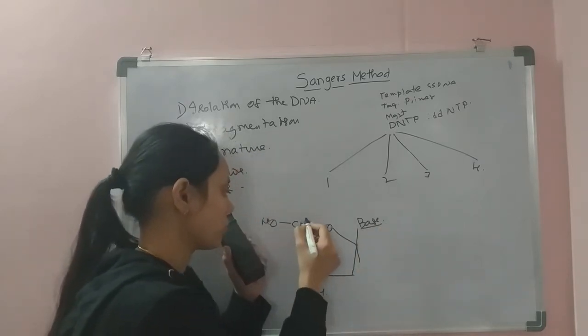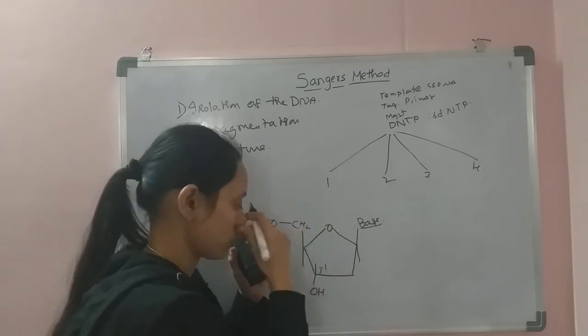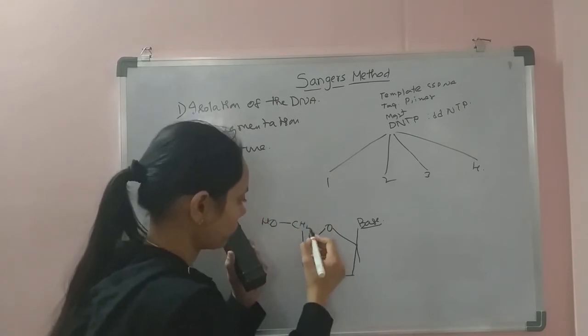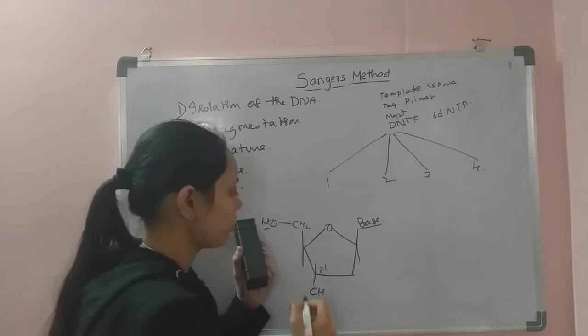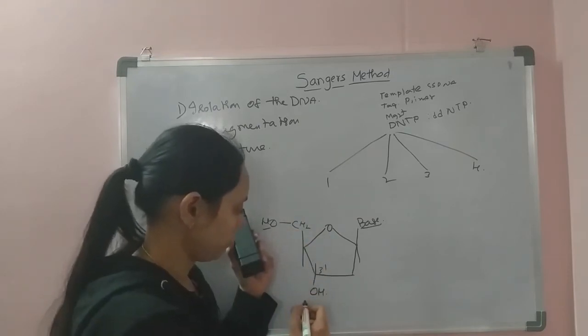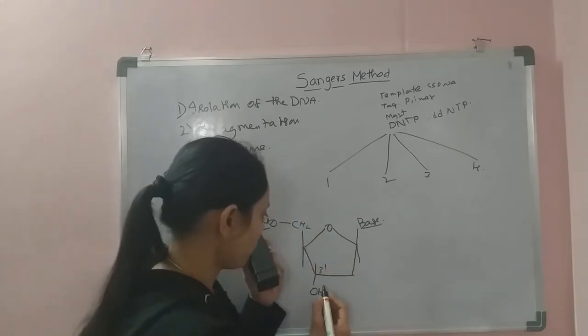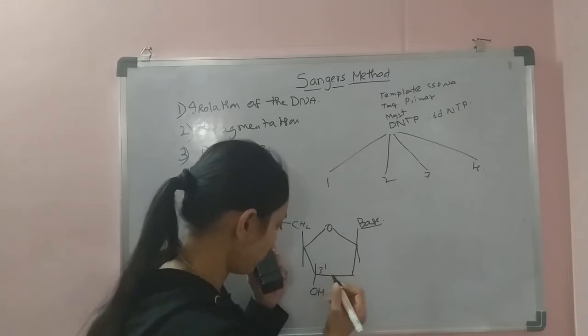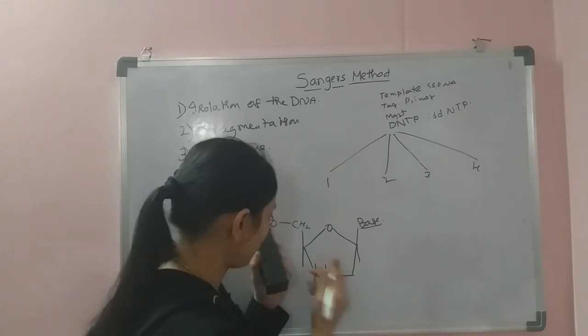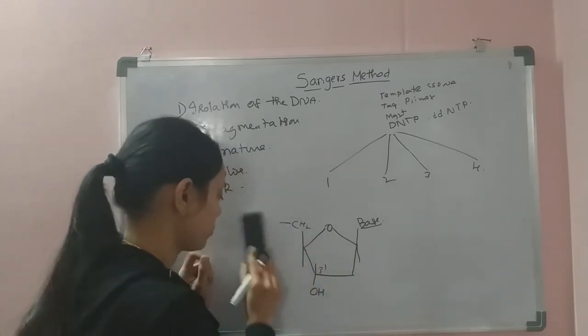and so at the 5' position there is a CH2OH group, and here there is a phosphate group.